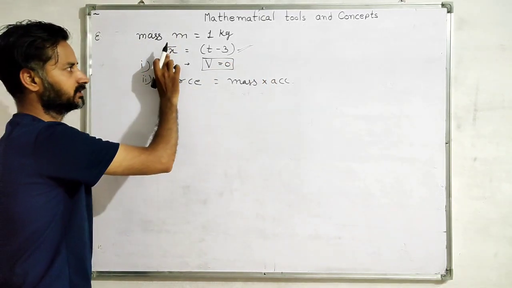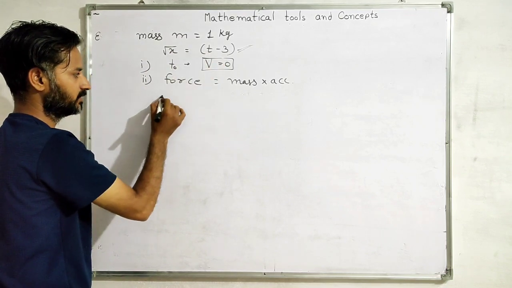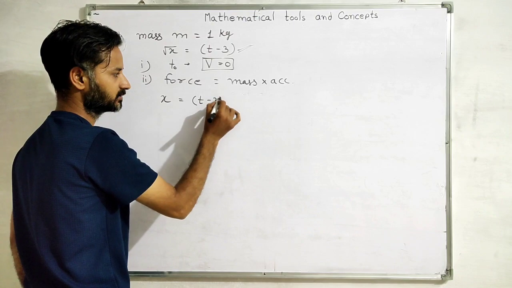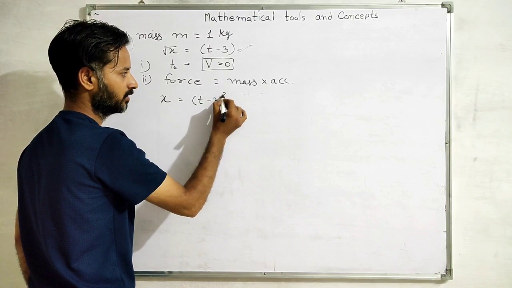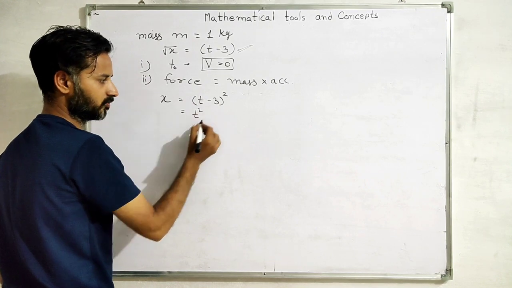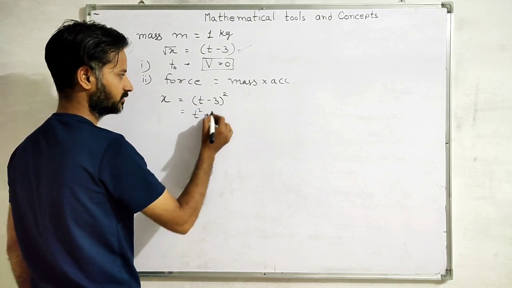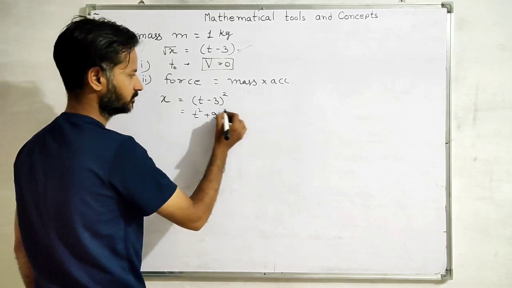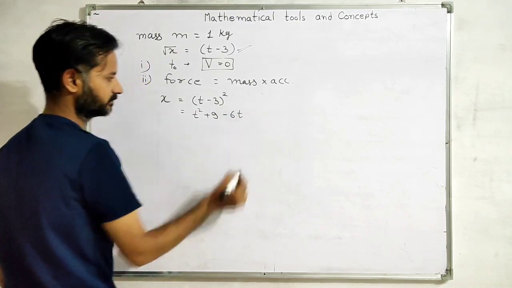For this, square both sides, and we get x = (t − 3)², or t² + 9 − 6t.